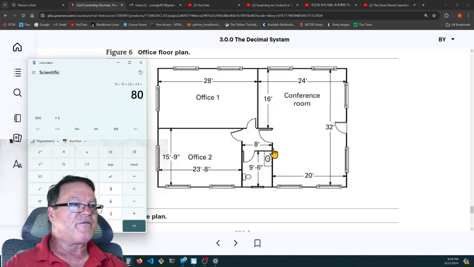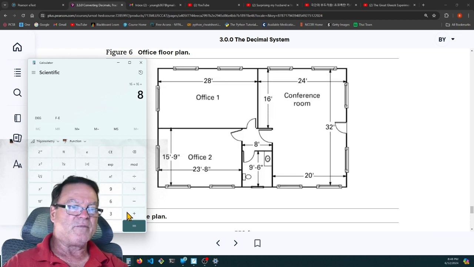Now, over here for the bathroom and this little foyer, this little hallway, I just went ahead and treated it as one room, and then I counted this wall twice. So I said 16 plus 16 plus 8 plus 8, and then I did plus 8 plus 8. So 16 plus 16 plus, and I could say 8 times 4.